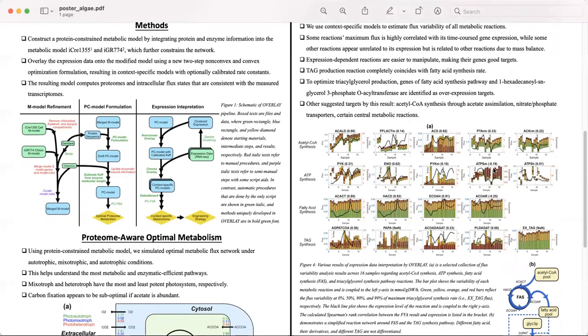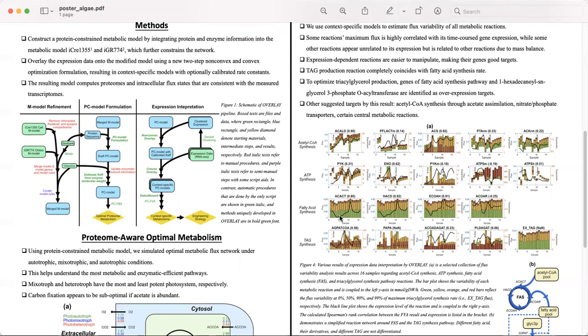From this, if you want to arrive at an engineering strategy sooner, we can look at what fluxomics is almost identical to, or is affecting, the objective function, and in this case it is the fatty acid synthesis. We can see the four-step fatty acid synthesis has almost identical fluxomics to the final result.